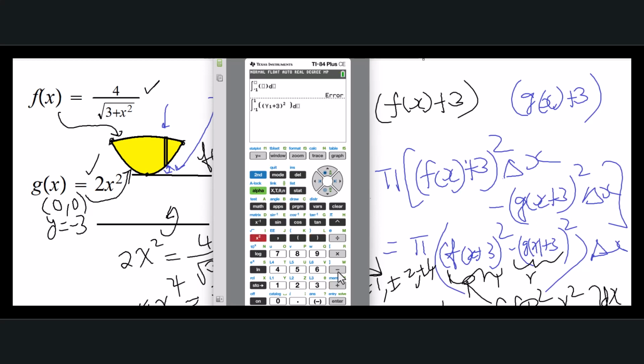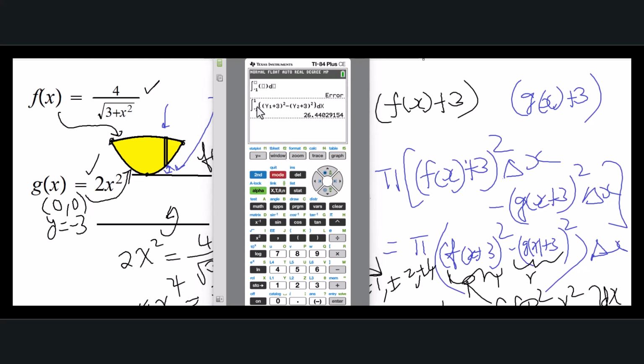We square it, and then we have minus, and then we need our second function, which is y2. So we got this, and plus 3 again, squared, right? And then we have simply dx. So the value of the integral is about 26.44.